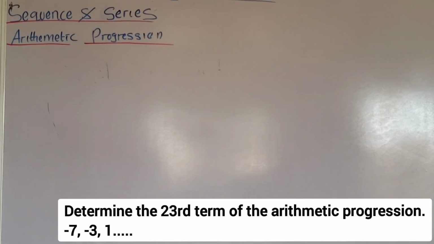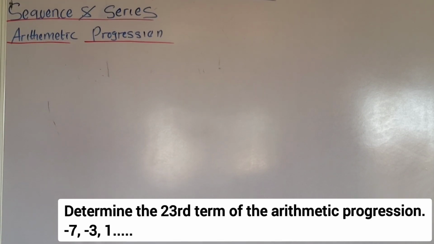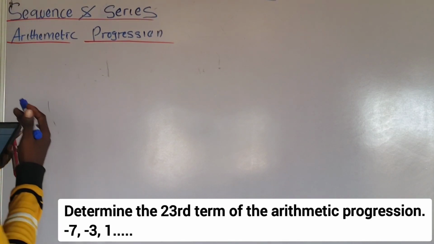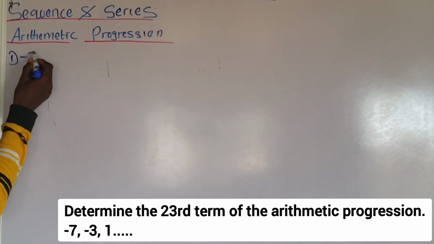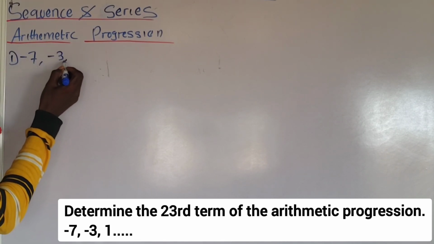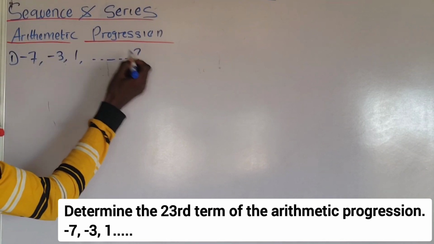You are asked to determine the 23rd term of the arithmetic progression -7, -3, 1, and so on.